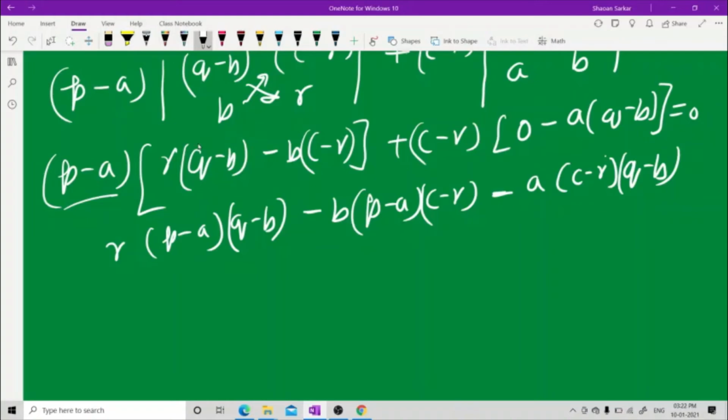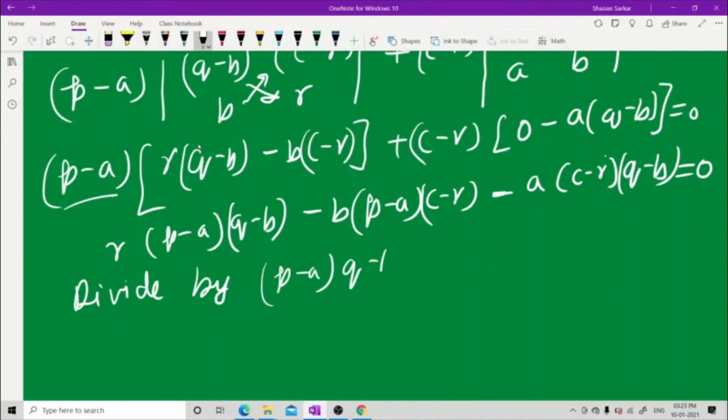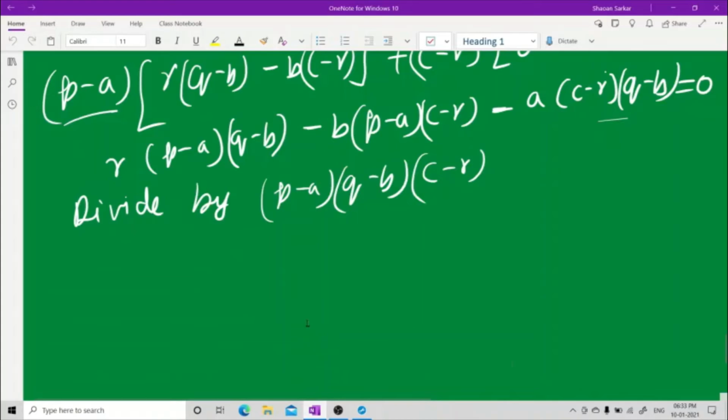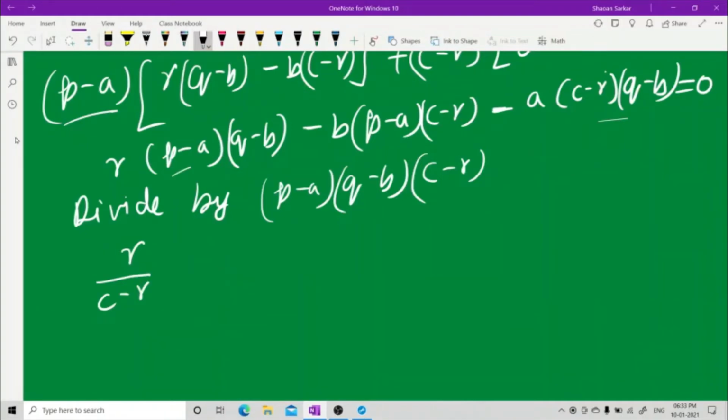Divide this whole equation, this is equal to 0, by P minus A, Q minus B, and C minus R. Now dividing this complete equation by this, we have R over C minus R, because this component and this component go off, and this component and this component go off.